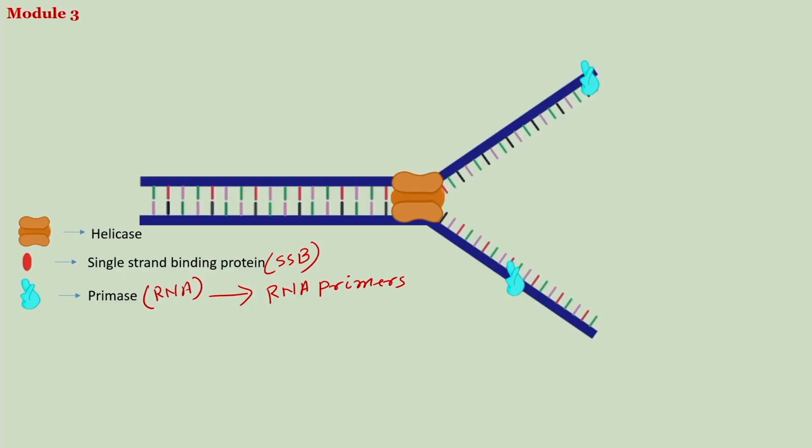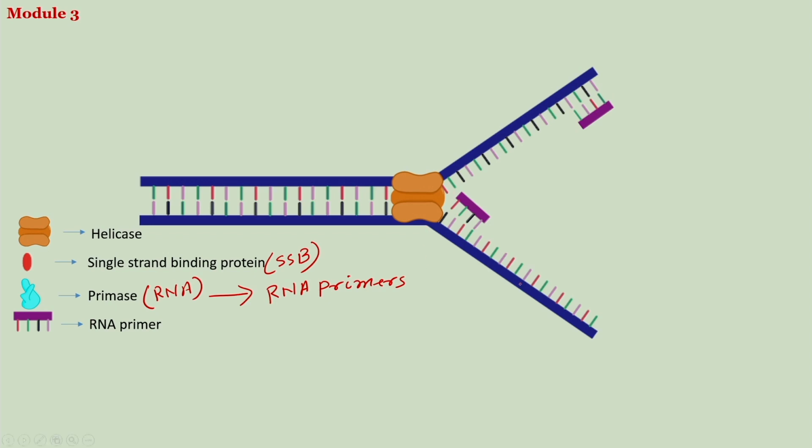So, RNA primers are short sequences of RNA, and they are complementary. This RNA primer is complementary to this strand, and this RNA primer is complementary to the other strand.